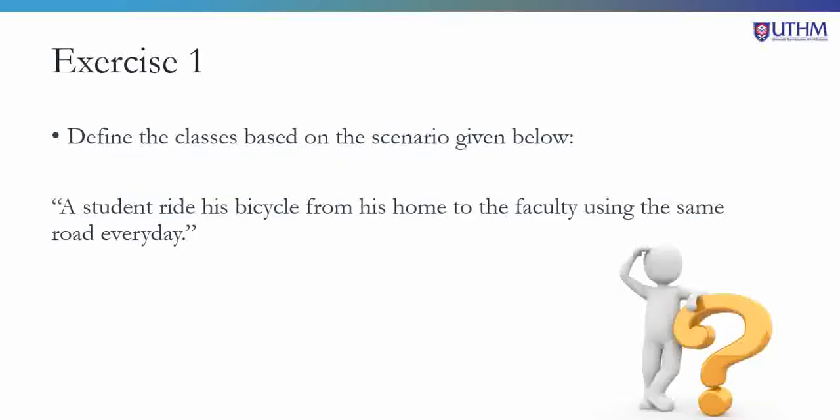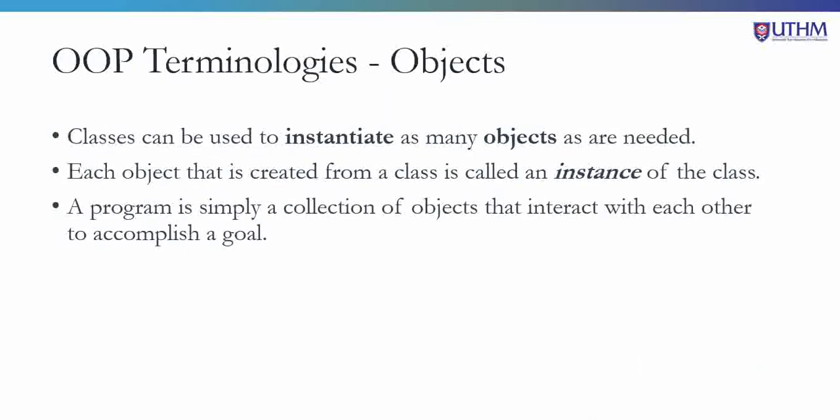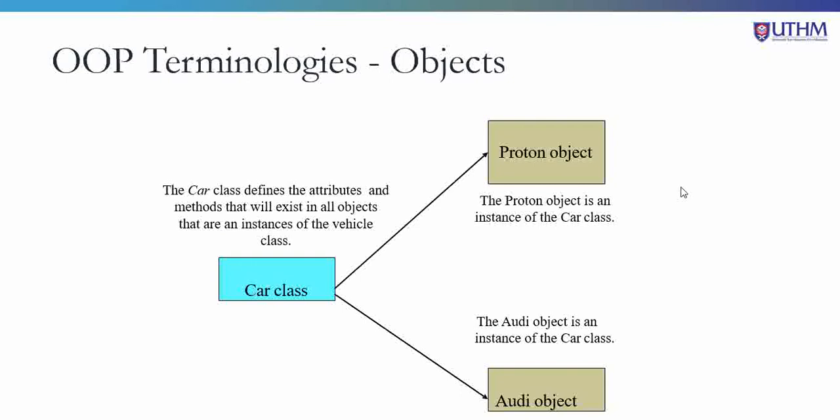And then we have object. Object is actually an instance of the class. Okay, for example, we have a car class. Proton will be an object of the car class. Okay, so an object is an instance of the class.